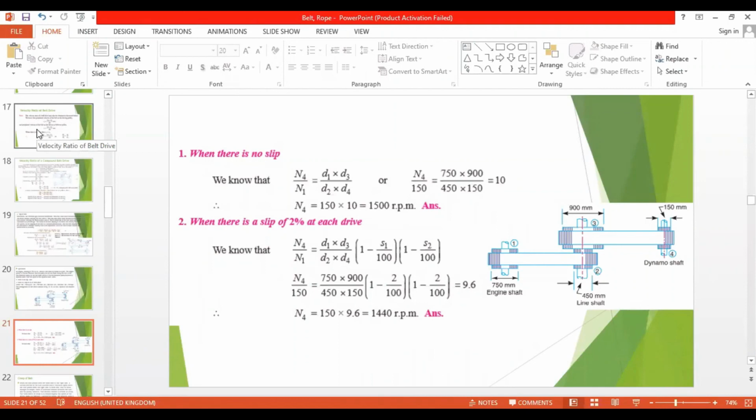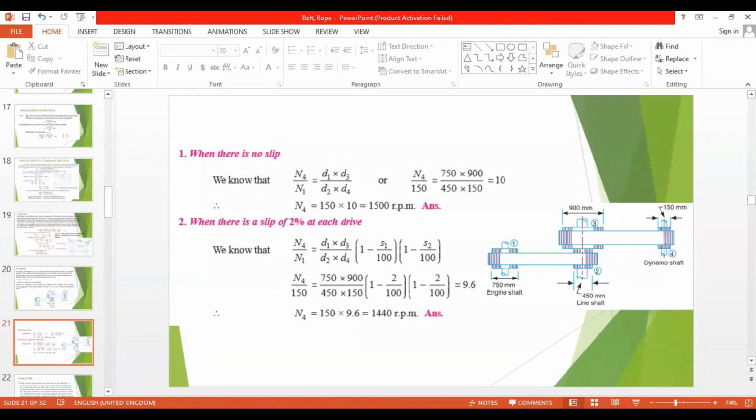So we put 1 minus 2 by 100 into 1 minus 2 by 100, one for the driver and one for the driven. When you solve it, 1 minus 2 plus 2, that is 4, it will be 9.6. So the velocity ratio is reduced from 10 to 9.6 due to the slip.